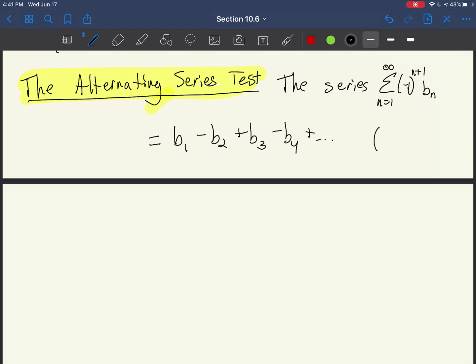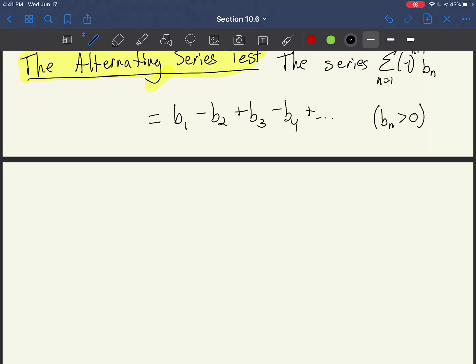So it's alternating between positive, negative, positive, negative. And note we have here that bn is always positive.